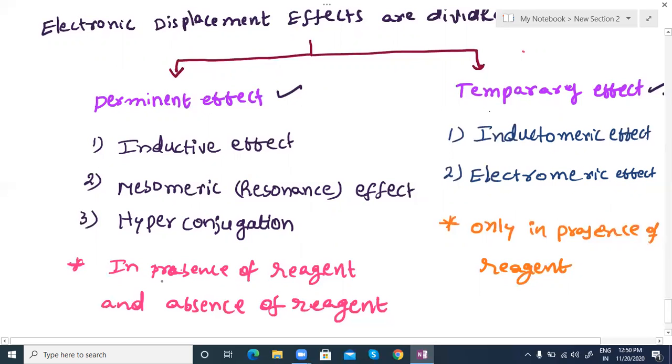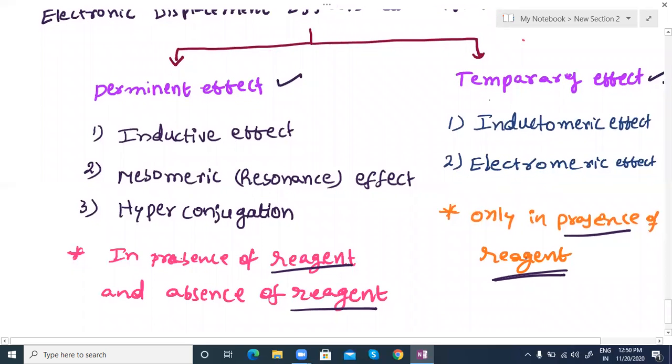Why are the first ones called permanent? They can show the effect in presence of a reagent or in absence of a reagent also. But the temporary ones can show only in presence of a reagent. If you remove that reagent, they can't show the effect. Permanent effects show whether the reagent is present or not. Reagent means the more reactive species which attacks the substance; I explained that in a previous video also.